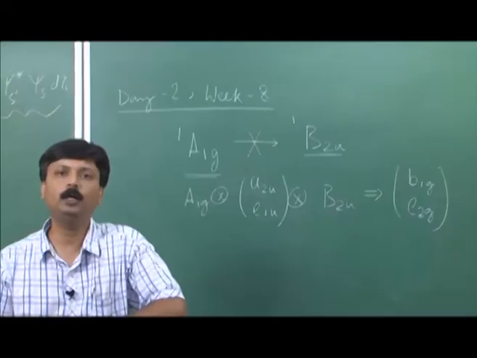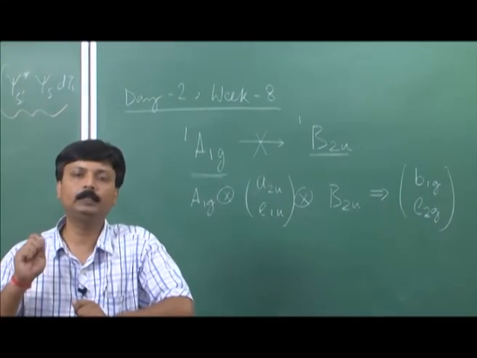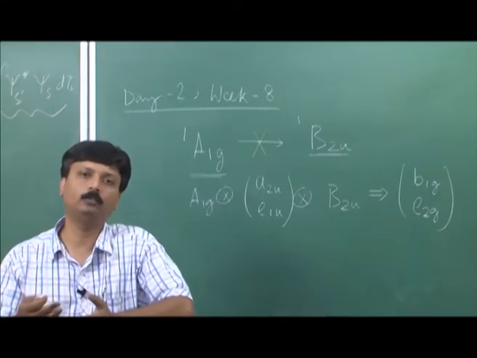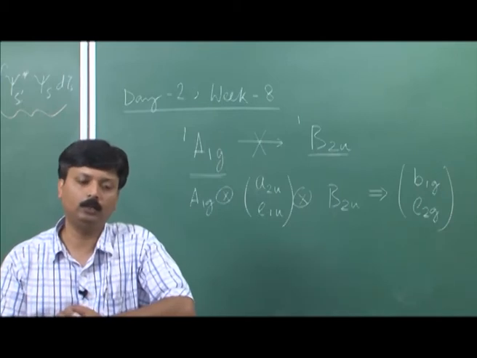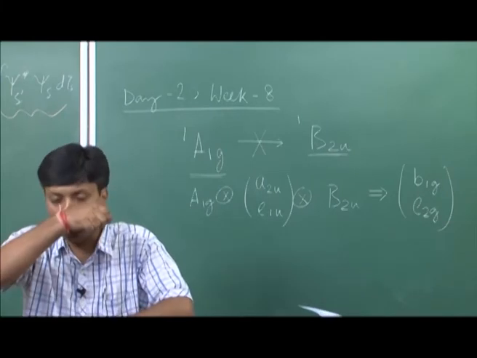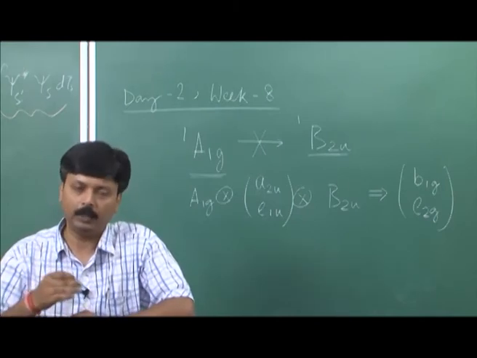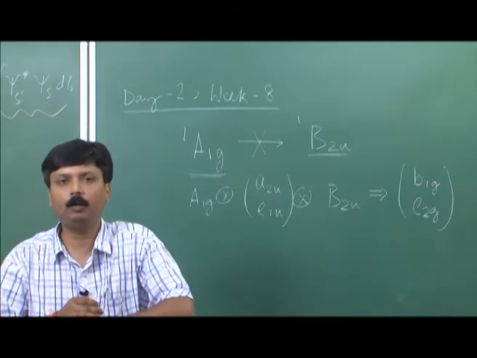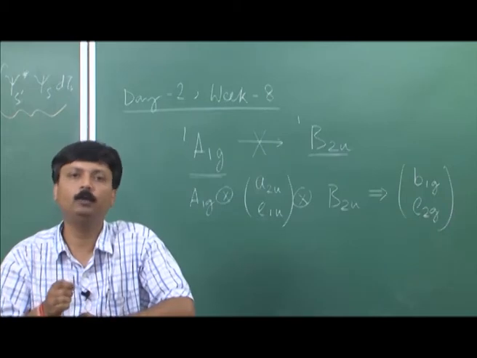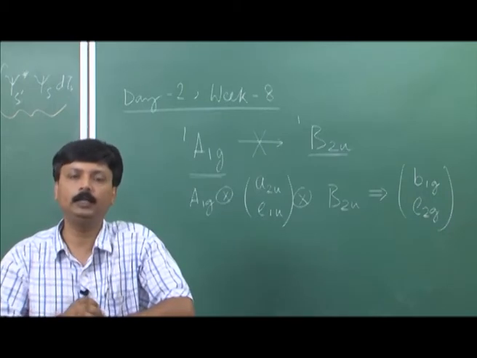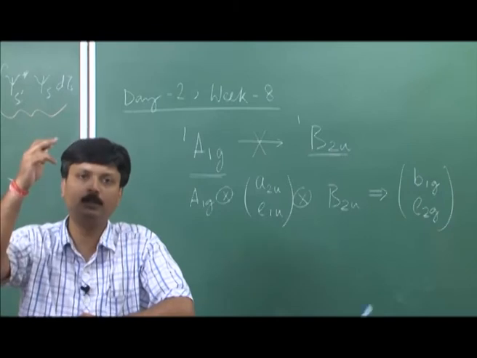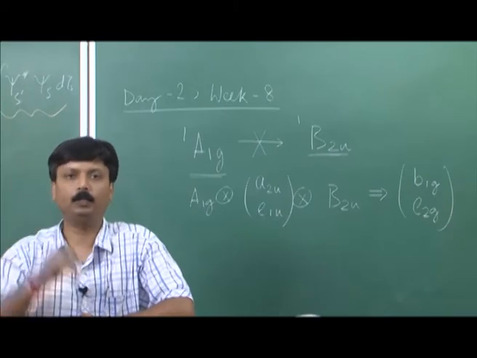Now here, when we were discussing the allowedness of a transition involving two electronic orbitals, we assumed that the transition was taking place from V equals 0 of the lower electronic state to V equals 0 of the upper electronic state, right.